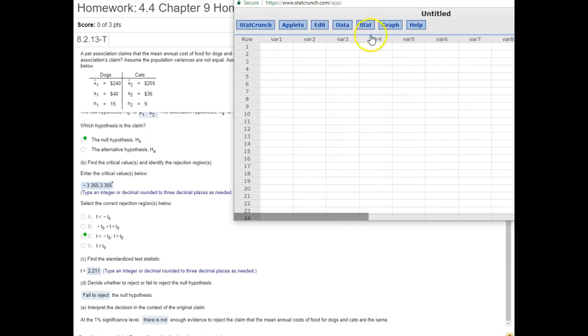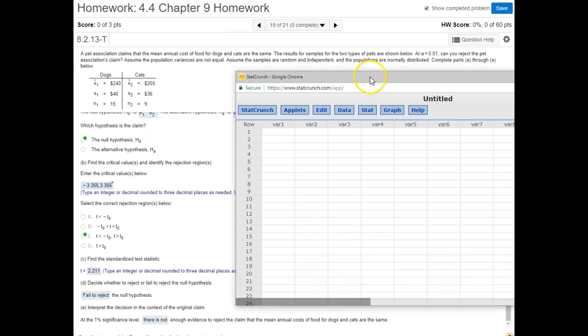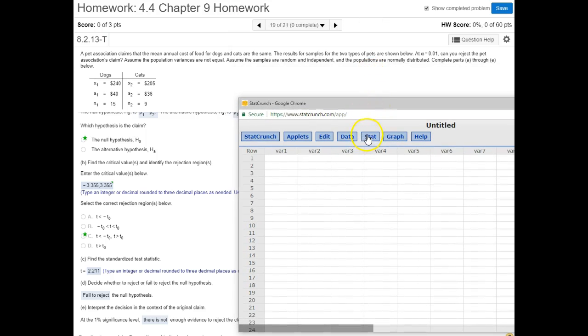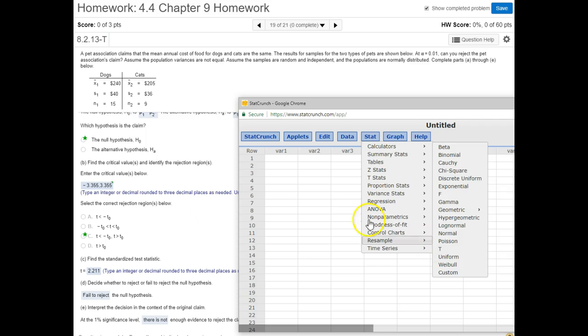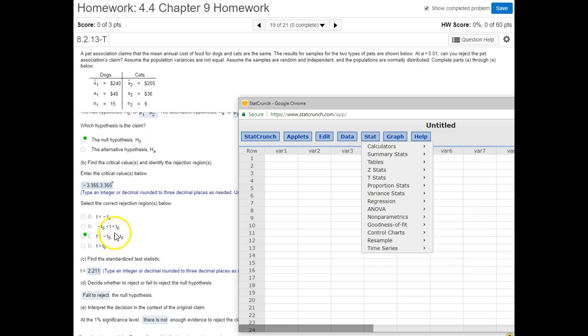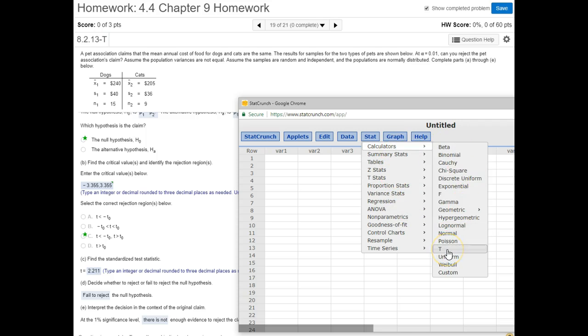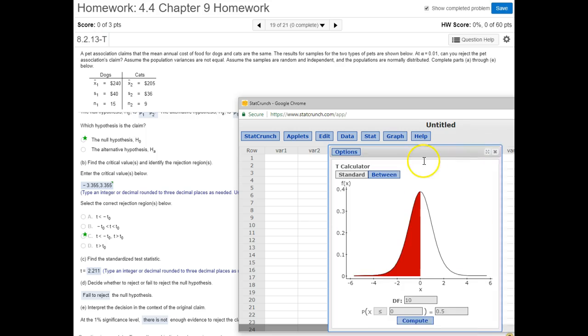This up. Bring this down a bit. Okay, so we have Stat, Calculators, T. Since we're dealing with mean and we have a T distribution, as you can tell with the solutions here, we're dealing with a T distribution. So that's how we find the critical values, with this calculator.